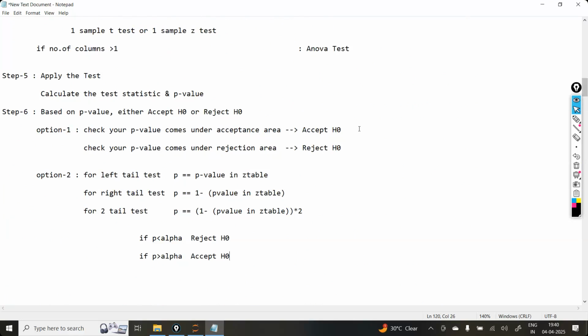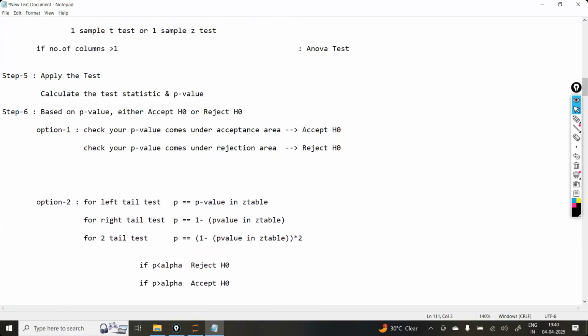Now, when are you going to choose option one? When you are given questions to be solved without using Jupyter, simply said, when you are doing it manually. Select option 1 when you are doing the statistical test steps manually.